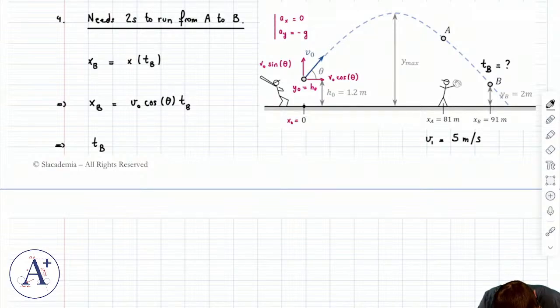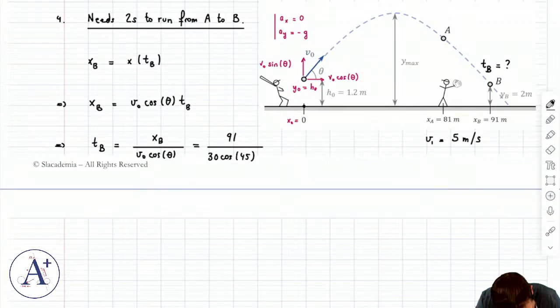So then TB is equal to xb over v0 cosine theta. That is going to be 91 divided by 30 cosine of 45. That's going to be approximately equal to 4.29 seconds.